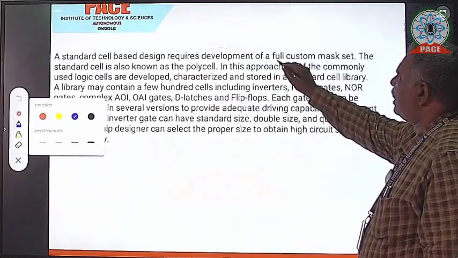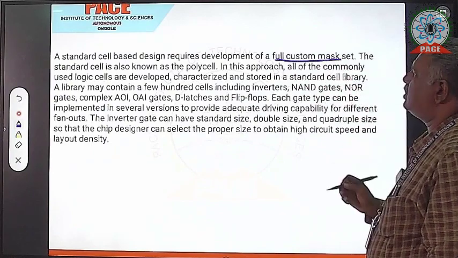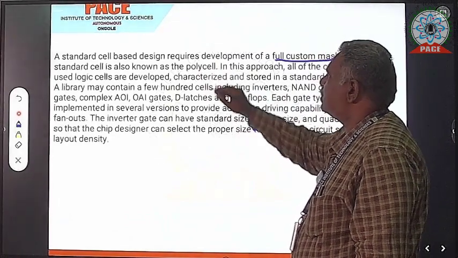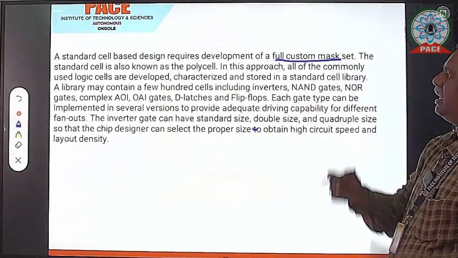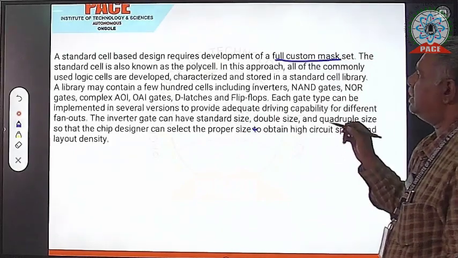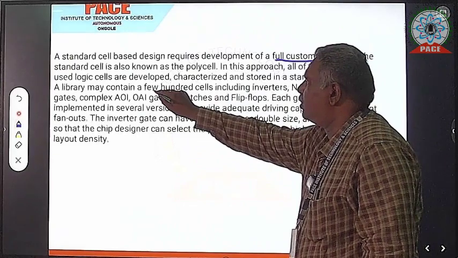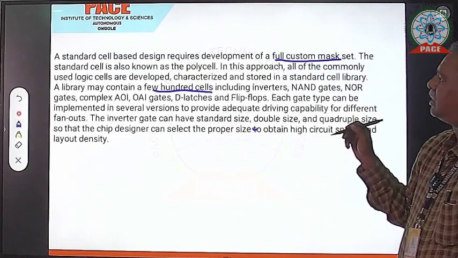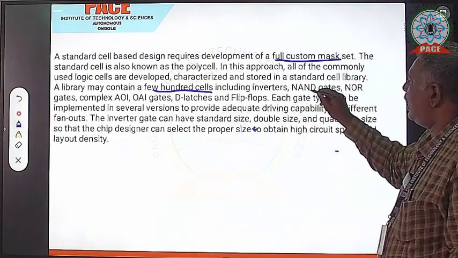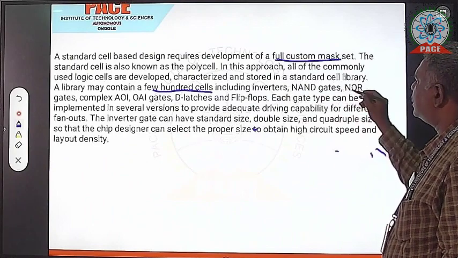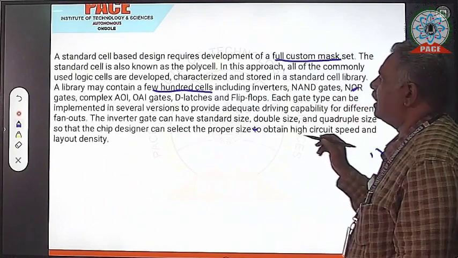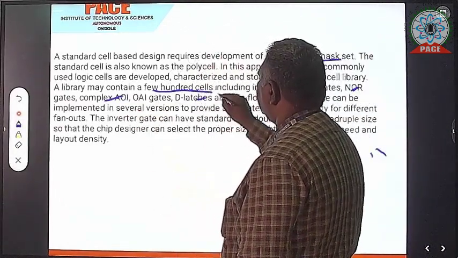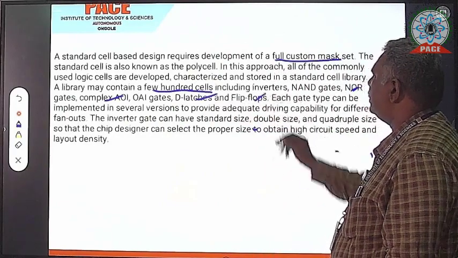In this we use a full custom mask set, and we also use poly cells. These poly cells use different layers, and the design includes a few hundred cells, such as inverters, NAND gates, NOR gates, complex AOIs, D-latches and flip-flops.